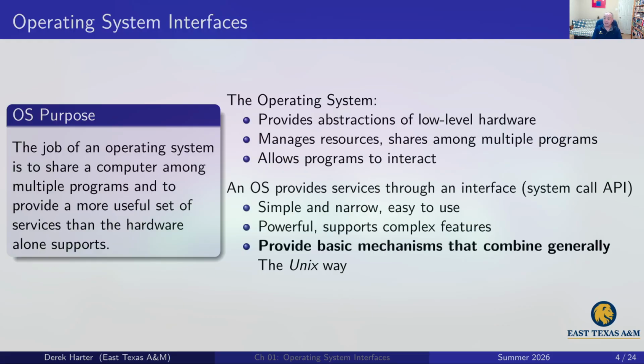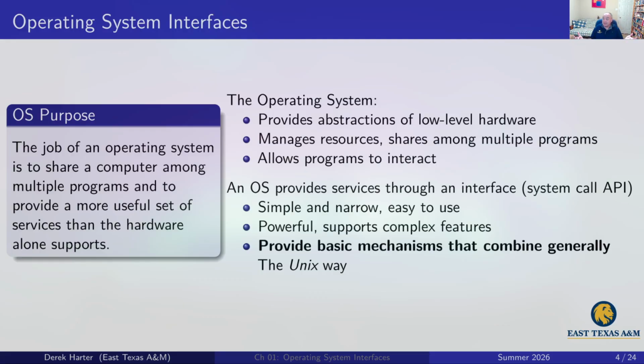With version 6 Unix, there's an argument to be made that all modern operating systems, including Windows, but especially Unix variants, Mac OS, POSIX, and Linux, derive their basic ideas from these versions of Unix. So the most successful system call API is derived from this, and I'll go into this a little bit later in this video.